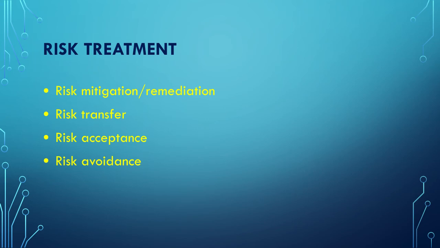Is it mitigation? Well, you can lessen it from a high-level risk to a low-level risk. You can transfer it and make it somebody else's problem, although that's not as easy as it sounds. You can just accept it, although that could be very dangerous. And you can avoid it, which is also possible if you put your mind to it and figure it out.